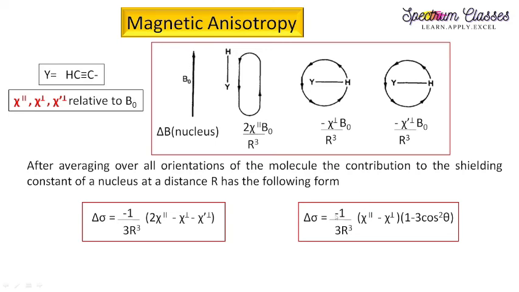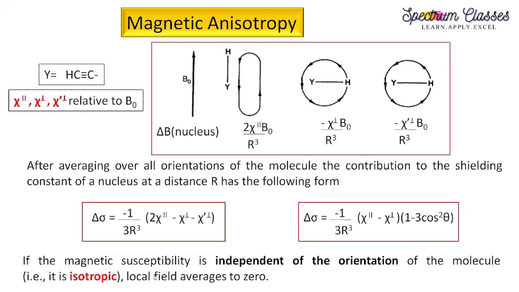In that case, this formula can be converted into this form, where theta is the angle H makes with B naught if the molecule is not axially symmetric. If the magnetic susceptibility chi is independent of orientation, whether parallel or perpendicular, the molecule is said to be isotropic and the local field from the neighboring effect averages to zero.